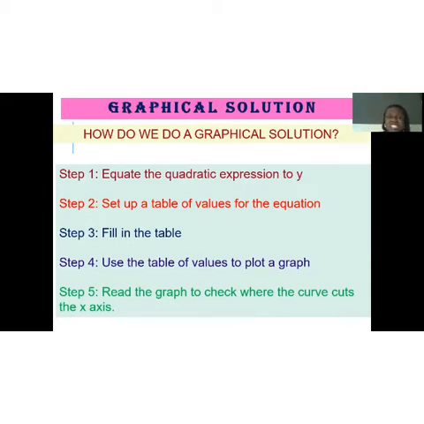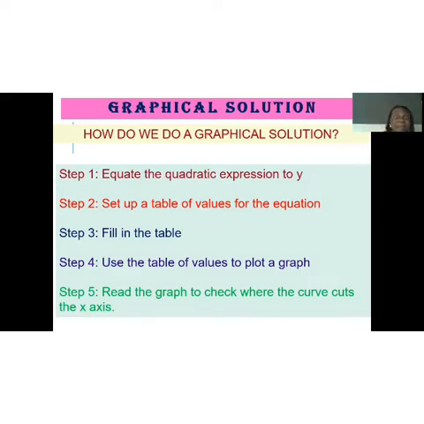If it doesn't cut it at all, then the equation doesn't have real roots. It means the roots are imaginary. But that's a story for another time. So read the graph to check where it cuts the x-axis, and those points will be your answer. It's as easy as that.